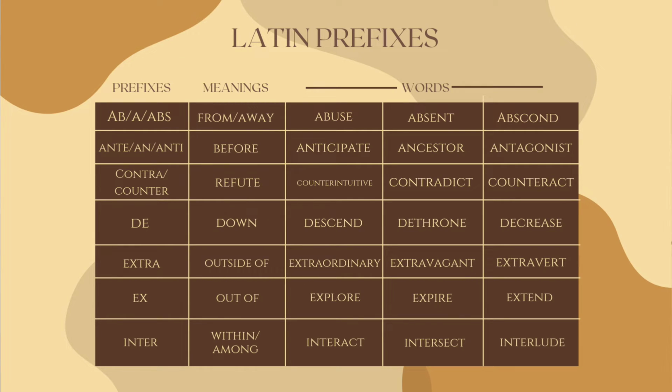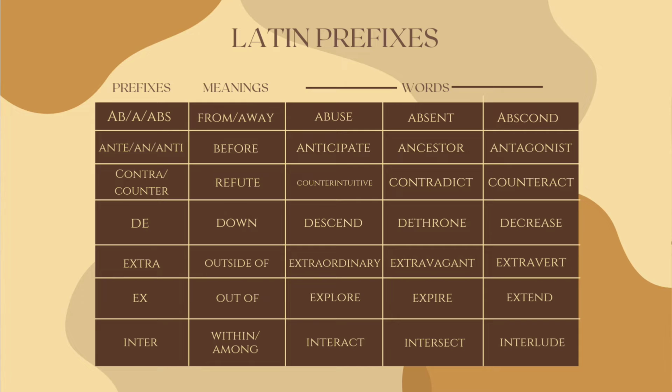Let me explain the meaning just like what I did for English. AB or A or ABS means something that's away from something. Now, abuse, absent, abscond means go missing, abysmal means bad. All of these are examples with these prefixes. Now, ante, A-N-T-E, or anti means before a certain event.